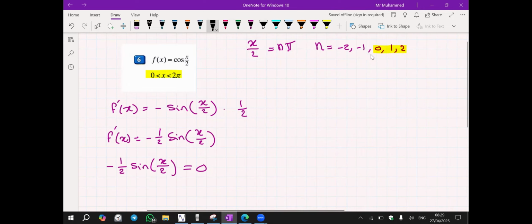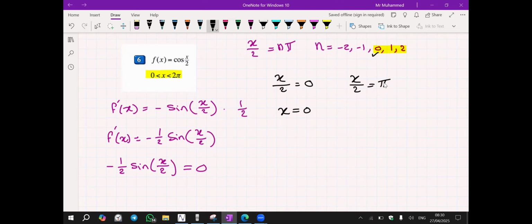Okay. If I put 0 in place of n, I'm going to get x over 2 equal to 0 times pi, which is 0. If x over 2 is equal to 0, x is equal to 0. That is a critical value. When I put 1 in place of n, x over 2 is equal to pi.